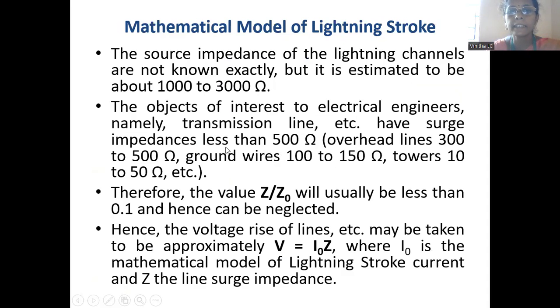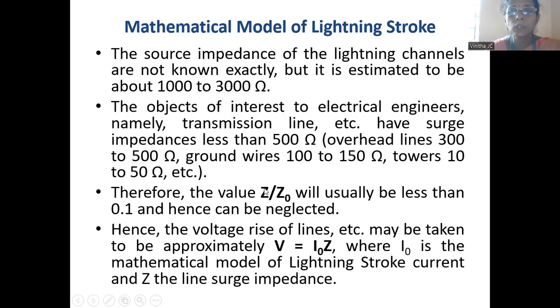For transmission line, the surge impedance will be less than 500 ohms, and for overhead lines, the impedance varies from 300 to 500 ohms, and for ground wires, the impedance varies between 100 to 150 ohms, and for transmission towers, it varies from 10 to 50 ohms.